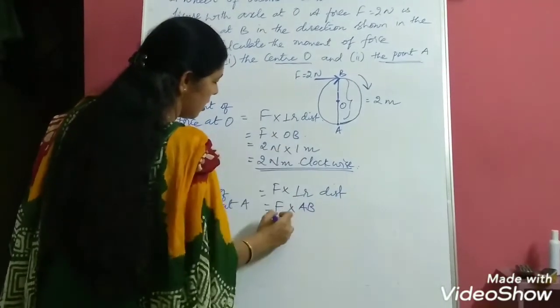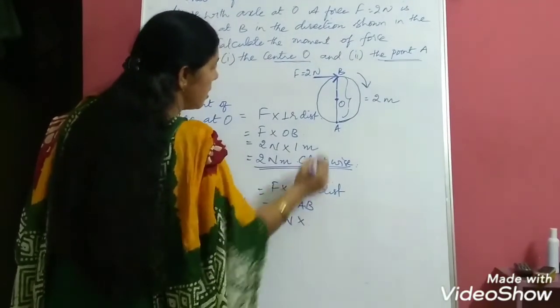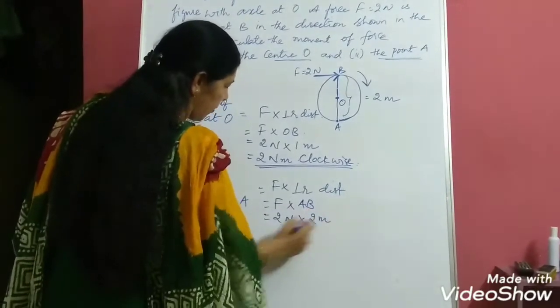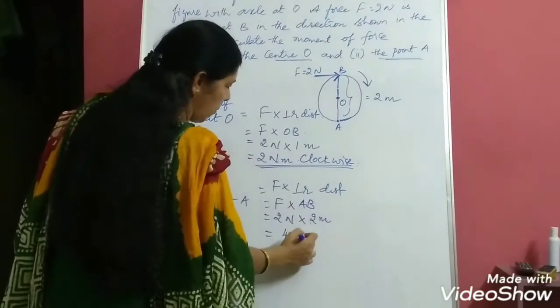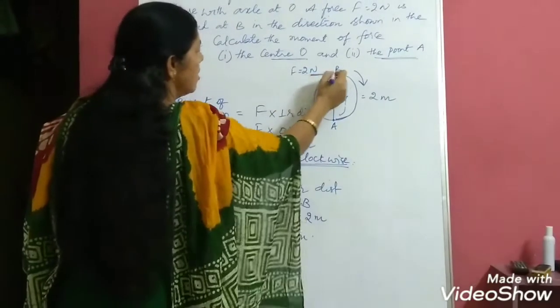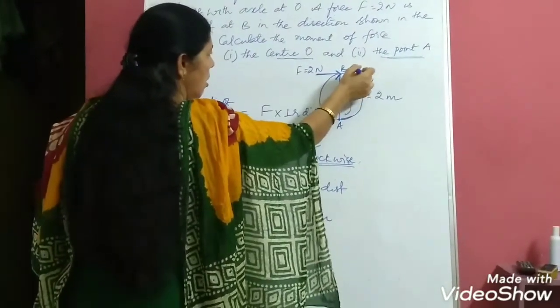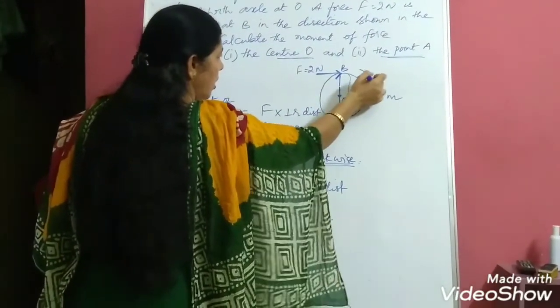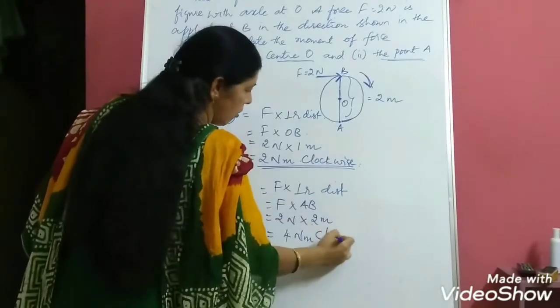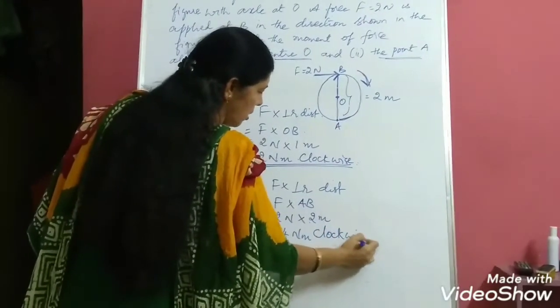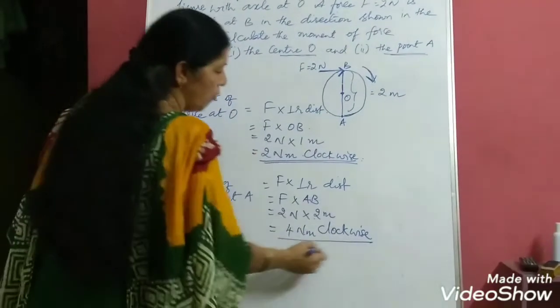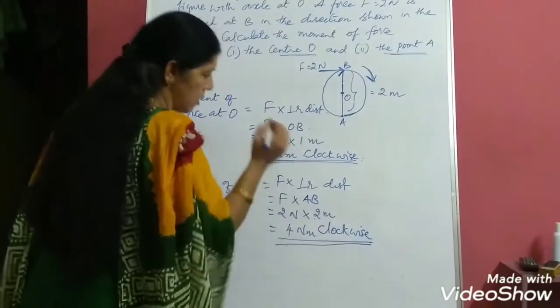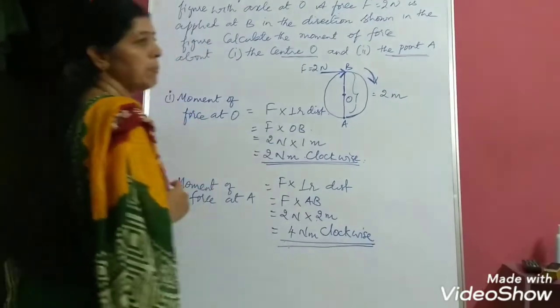Force is 2 Newton, AB is 2 meter. This is equal to 4 Newton meter. Again this moment of force also makes the wheel rotate in clockwise direction. So the moment of force at A will be equal to 4 Newton meter clockwise. This is the solution for this problem.